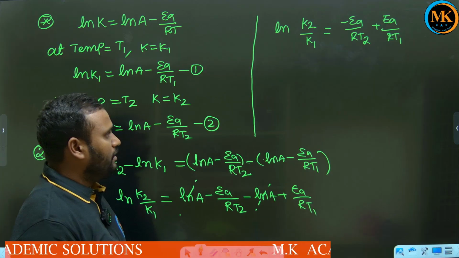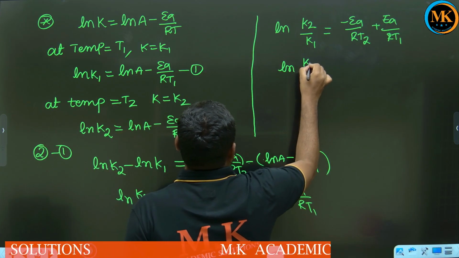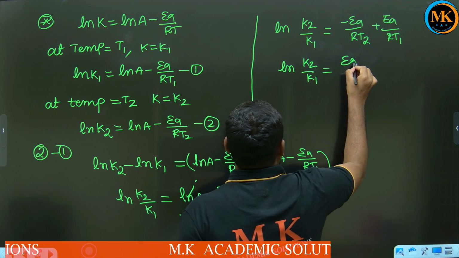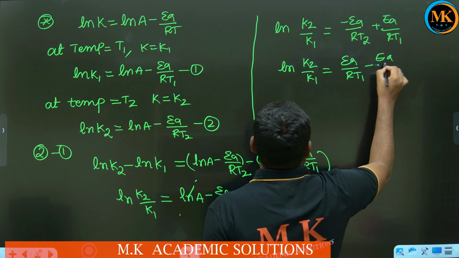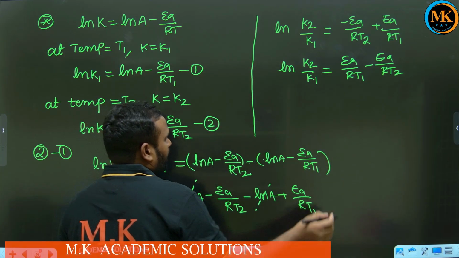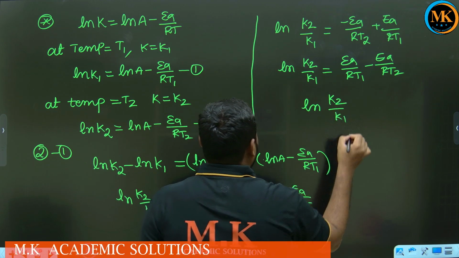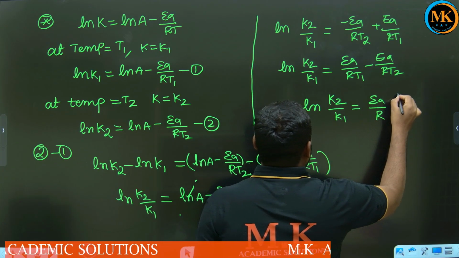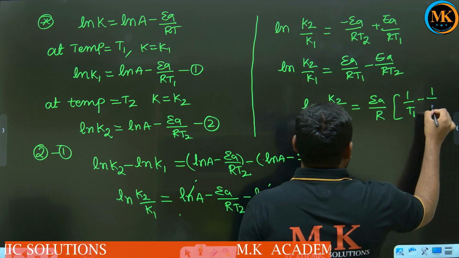Here you take EA by R common, or else rearrange that equation. ln K2 by K1 equals EA by RT1 minus EA by RT2. Now EA by R you take common. So ln K2 by K1 equals EA by R times 1 by T1 minus 1 by T2.